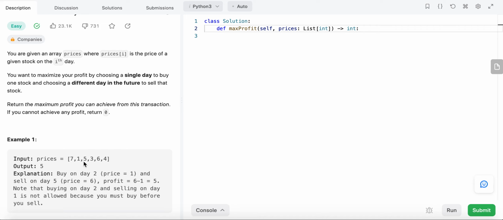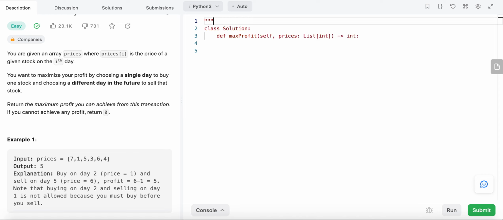This problem can be solved using an idea similar to sliding window. Based on what we just described, let's start coding.